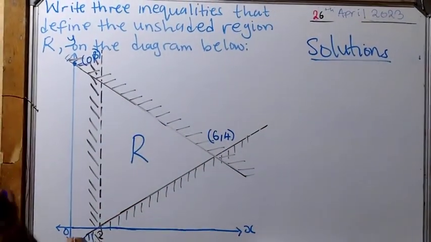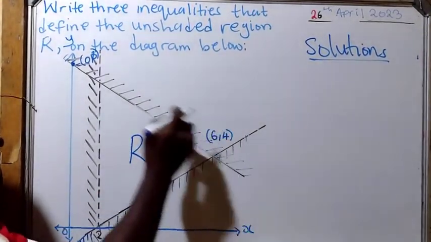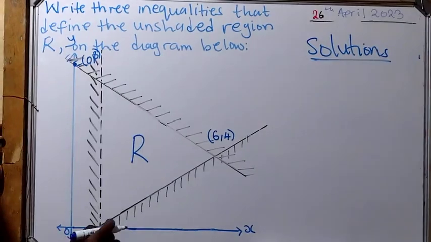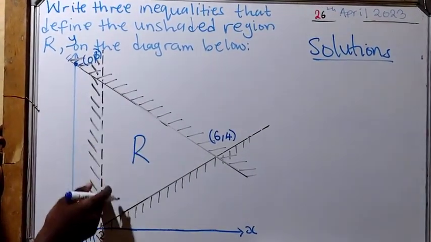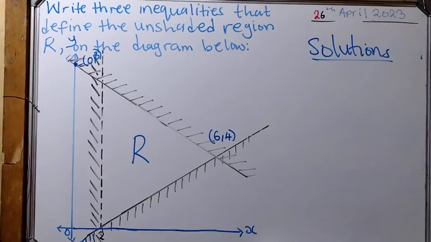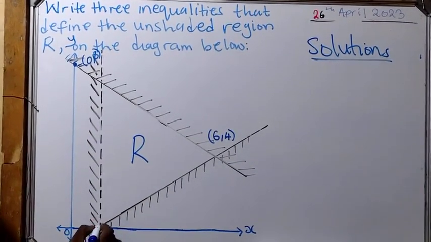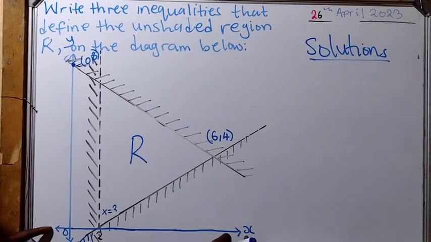From here, when you look at these 3 lines, 1, 2, 3, the easiest one is this one here, because it's just on the point where x is equal to 2. This is the x-axis.